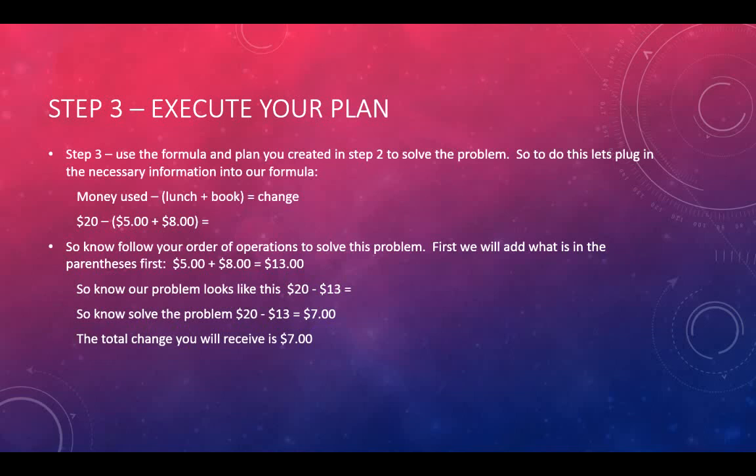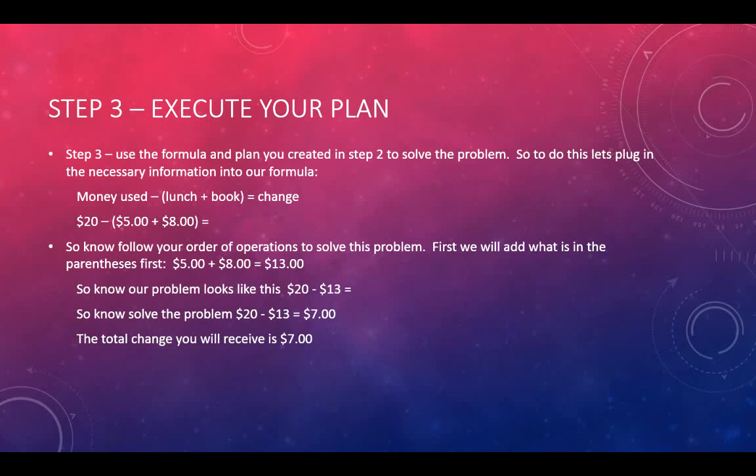So step 3, we're going to execute it. So what's the first thing we want to do in step 3? We want to use the formula that we created in step 2 to solve the problem. So to do this, we're going to plug in the necessary information into our formula. So money used, the money that we used to pay for the items, was $20.